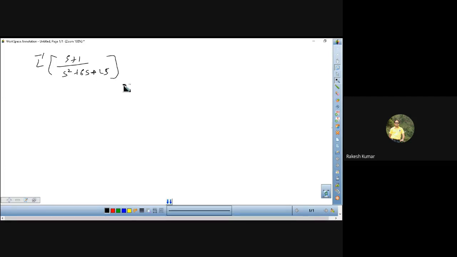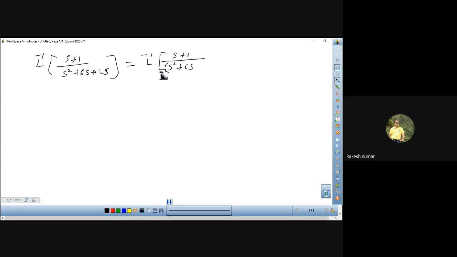You just see. We have to apply the shifting theorem over here. Laplace inverse of, small adjustments we need to make in the denominator, s square plus 6s, by making the perfect square. What is the half coefficient of s? The coefficient of s is 6 and its half is 3.